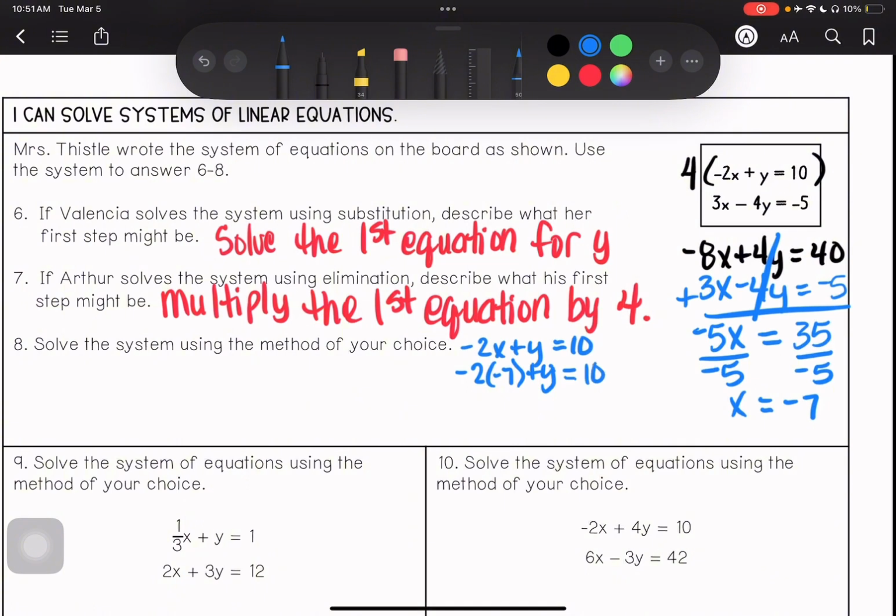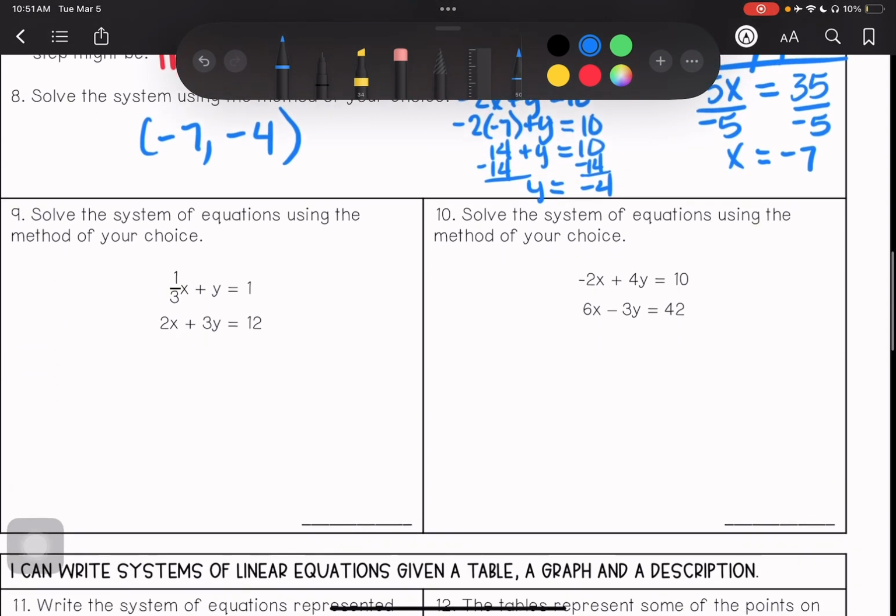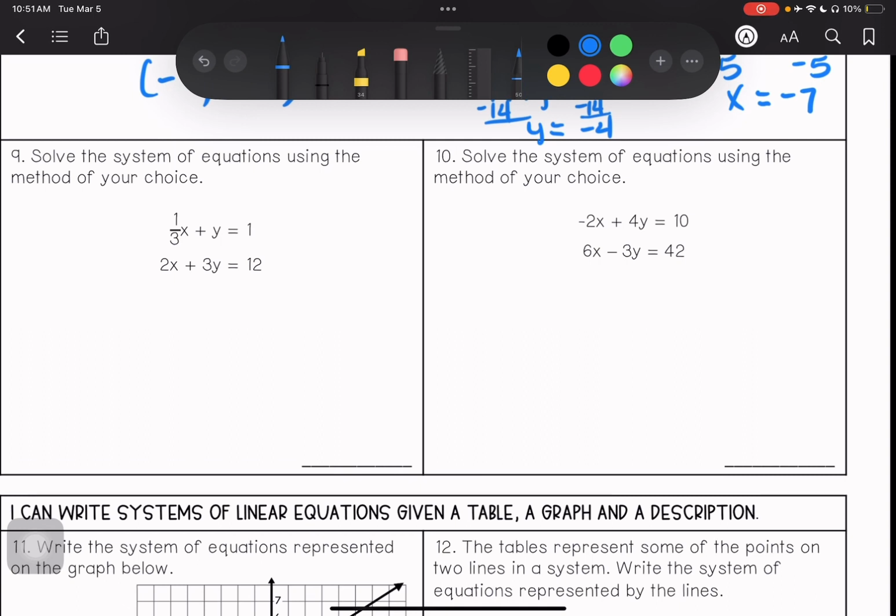That gives me a negative times a negative, positive 14 plus y equals 10. Subtract 14 from both sides. y equals negative 4. So my solution is negative 7, negative 4. You could choose any method of your choice. That was the method of my choice. But you still should get the same answer no matter which one you choose.